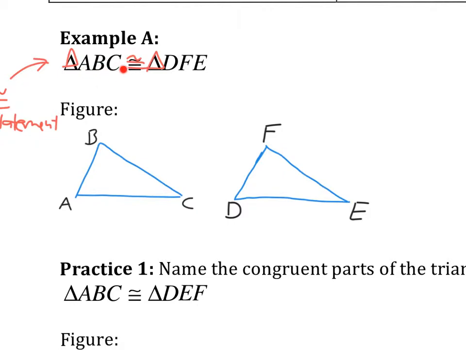See the order, A, B, C, and the order here, D, F, E. So the A corresponds to the D, the B corresponds to the F, and lastly, the C corresponds to the E. So the order in which it is written in your congruence statement is extremely important. In fact, it's more important than the diagram itself.